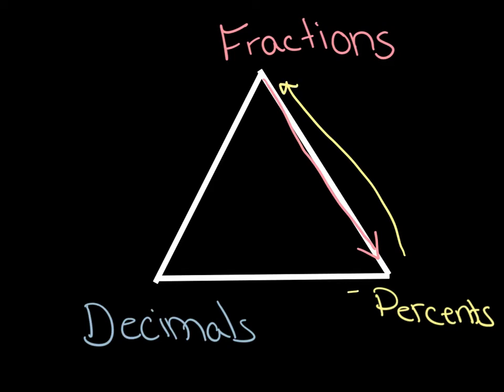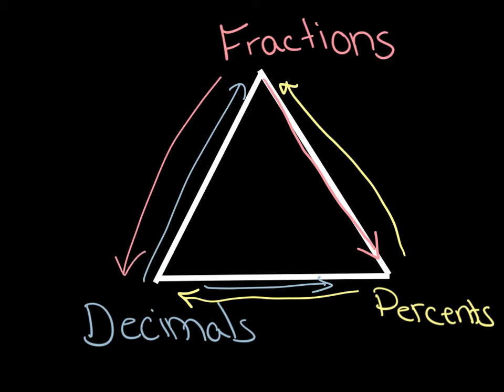I also can go from a percent to a decimal, and backwards from a decimal to a percent. And then finally, I can go from a decimal to a fraction, or from a fraction to a decimal. When you do this, you are creating equivalent forms of that number. You are not creating a different value, you're just showing a different way to write that form.